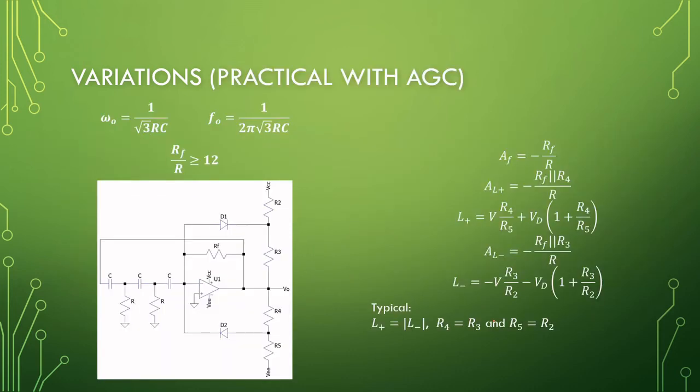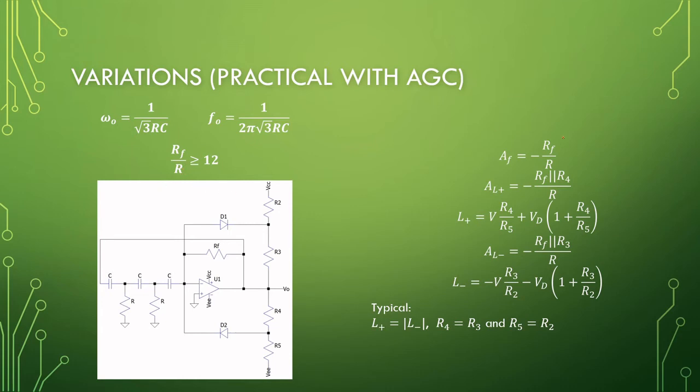So the practical kind, you will typically use the one with only the 2 resistors, so that the resistor that you add in here does not affect it when you have non-linear amplitude control. And the gain of this amplifier is RF over R, as we already found out while doing our derivation.